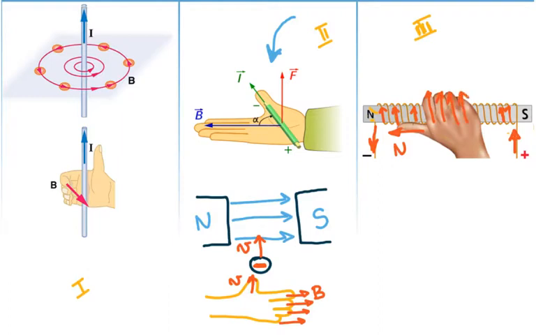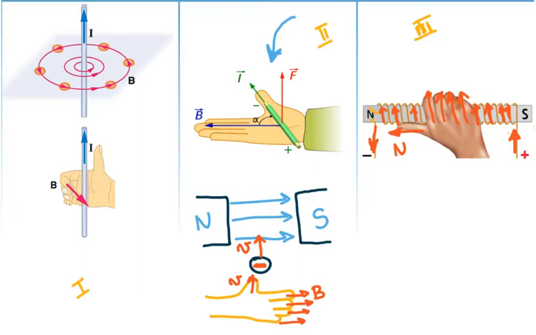The direction of the current, if you see everywhere in front, they're going up. So your fingers are aligned with the direction of the current, but your thumb points the direction where the north pole is going to be of this temporary magnet.